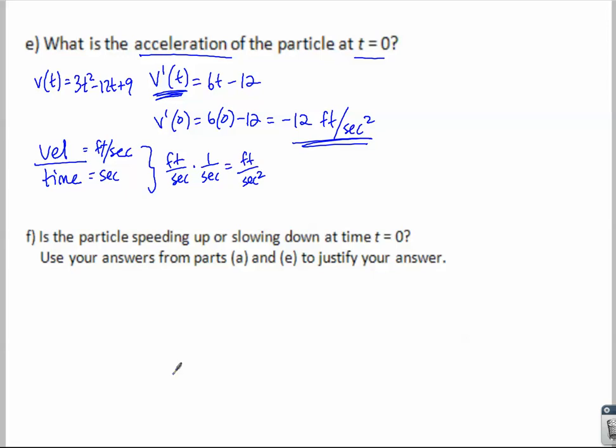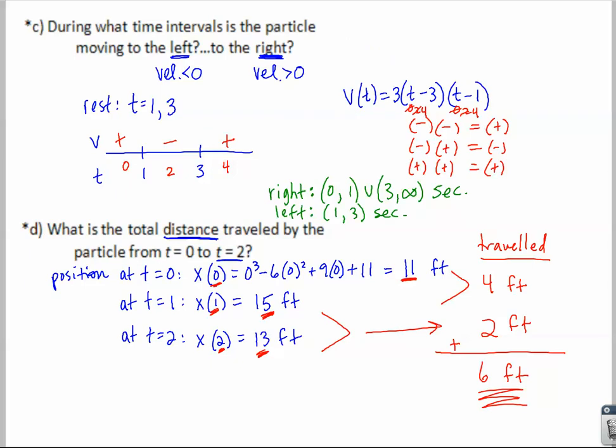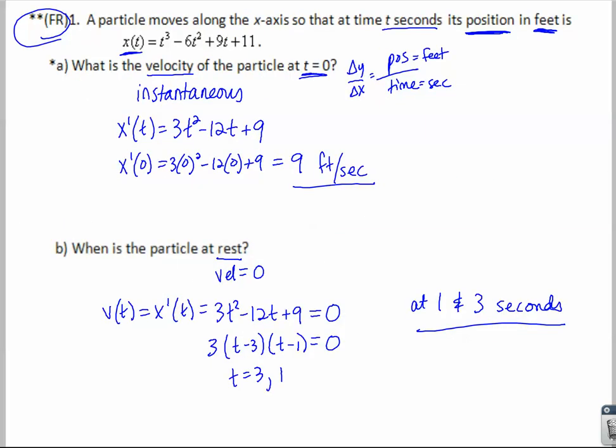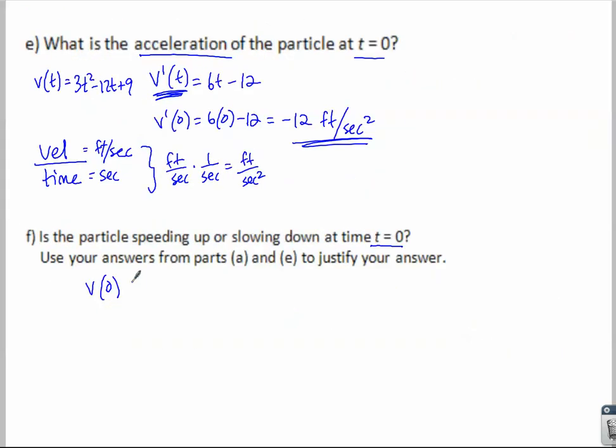Finally, F, is the particle speeding up or slowing down at time t equals 0? Well, remember what we were supposed to do. Look at the acceleration, look at the velocity. What is the velocity at time 0? We did that up here in part A. That was 9 feet per second, so the velocity was 9. I don't care that it's 9. What I care about is that the velocity is greater than 0, positive.